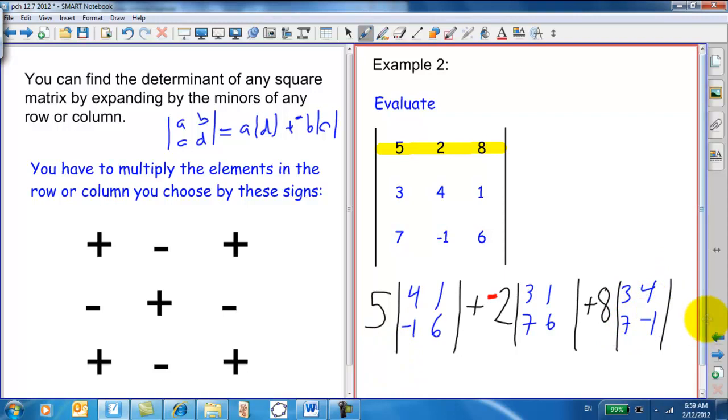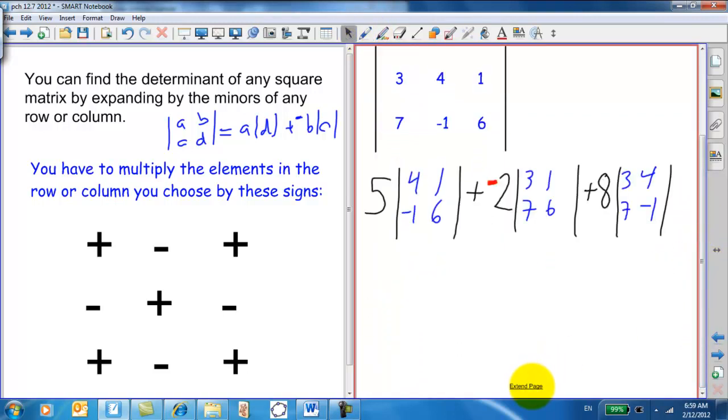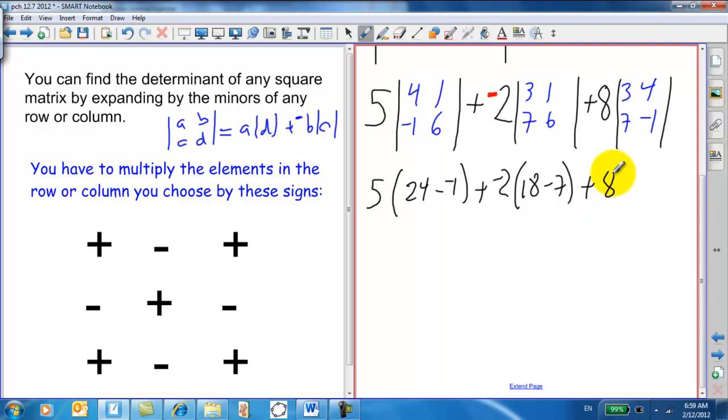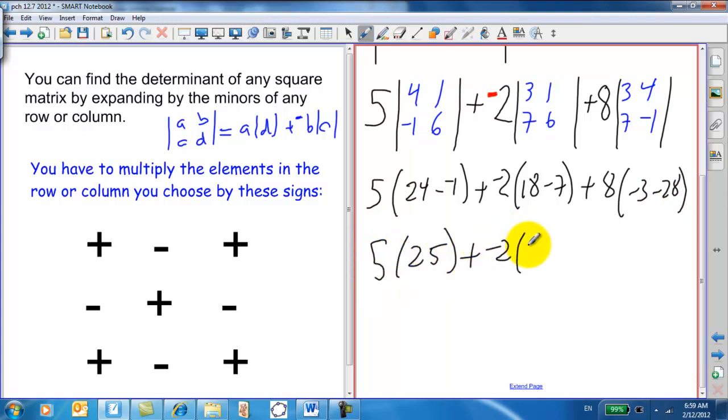So this is 5 times 24 minus a minus 1, plus negative 2 times 18 minus 7, plus 8 times negative 3 minus 28. So you get 5 times 25 plus negative 2 times 11 plus 8 times negative 31.